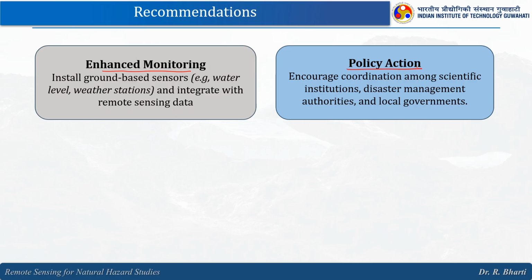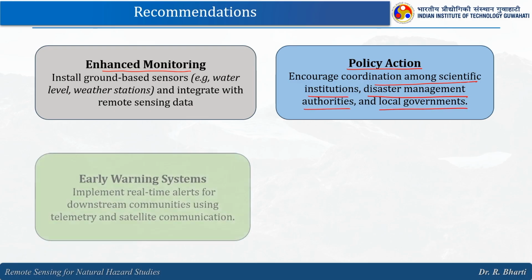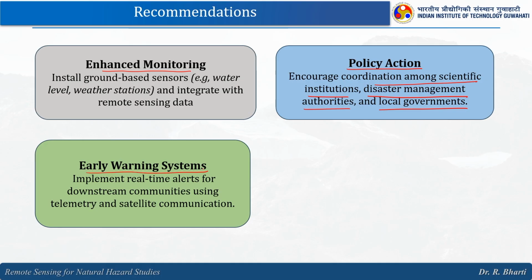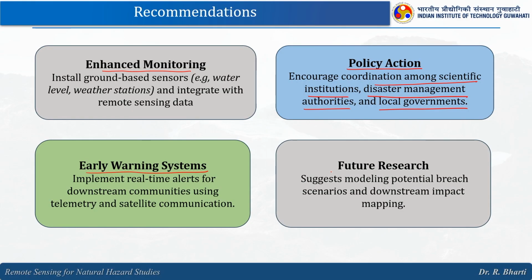We have to adopt new policies and encourage coordination among scientific institutions, disaster management authorities and local government. Early warning systems should be there for any such potential glacial lakes which are susceptible to GLOF. Then future research suggests modeling potential breach scenarios and downstream impact mapping.